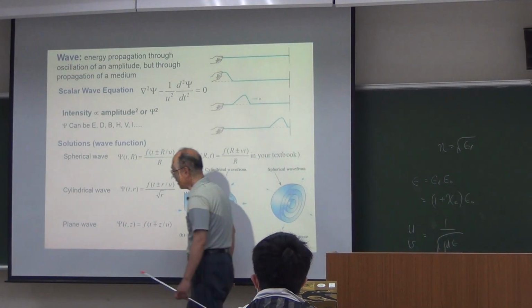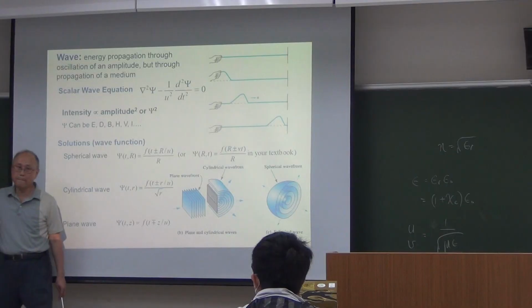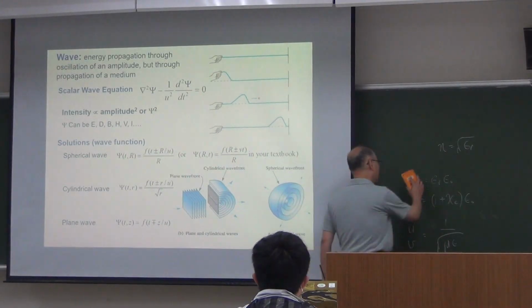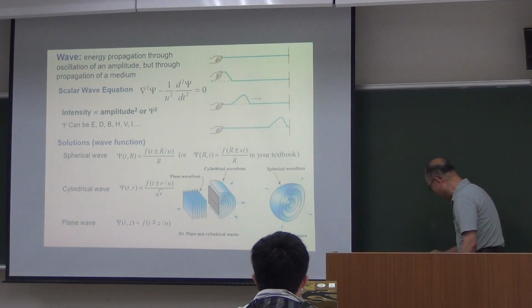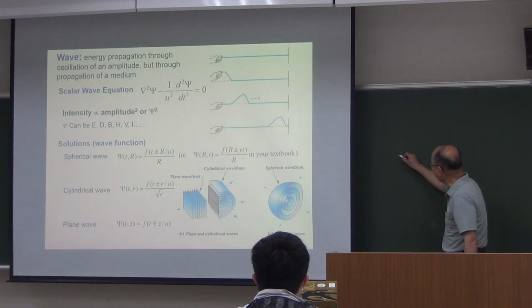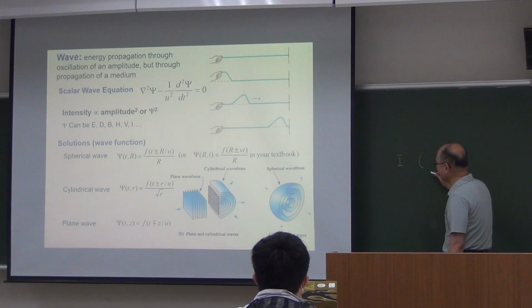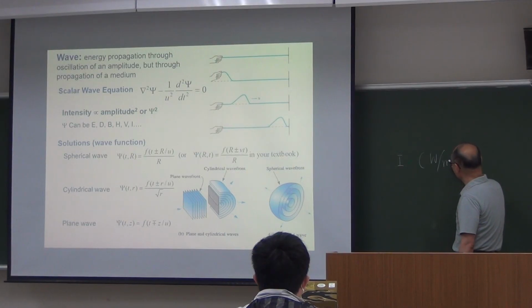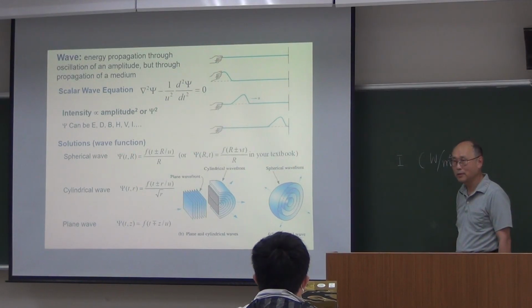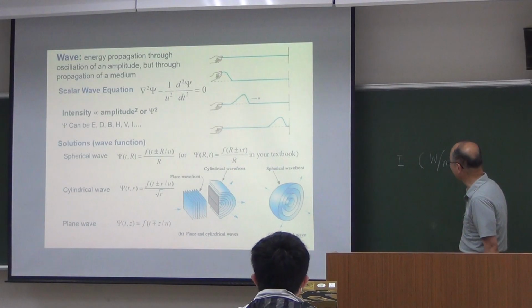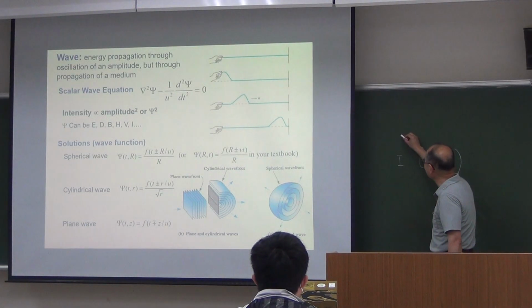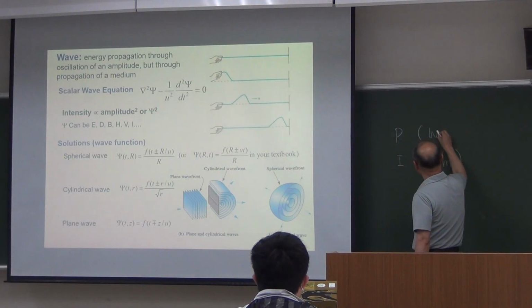Intensity has a unit of watt per square meter, per unit area. This is the MKSA unit. You know it, right? And power has a unit of watt.